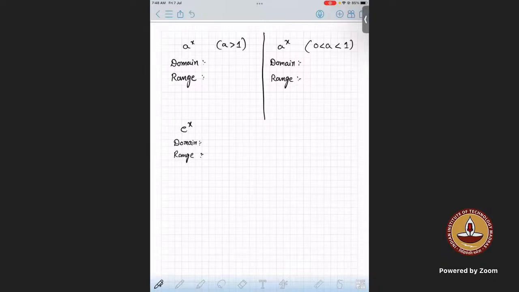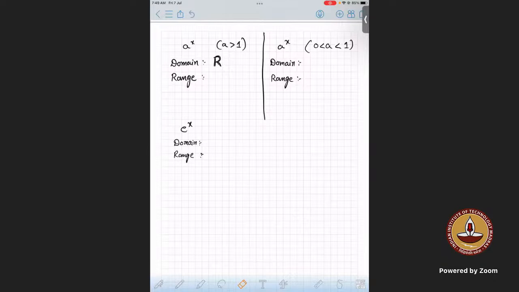The domain is all real numbers, because x can take any value.